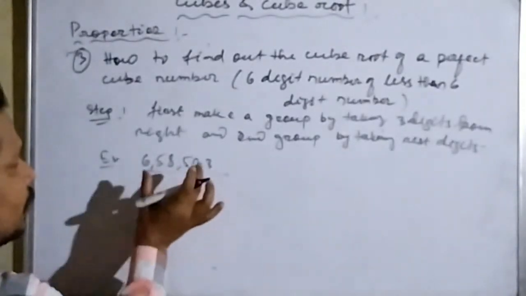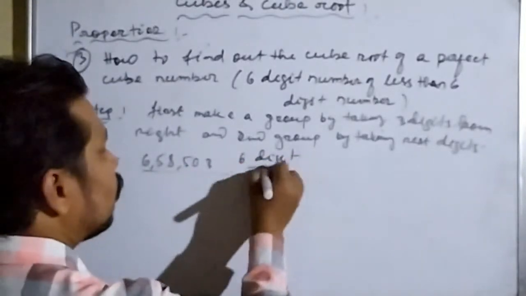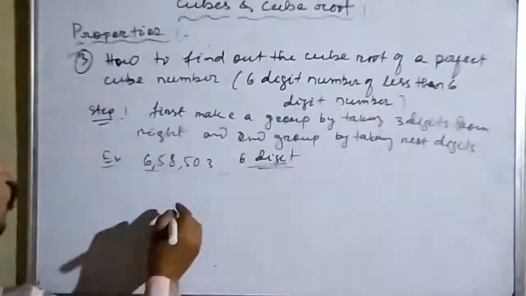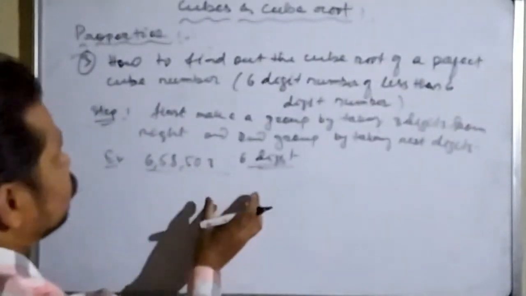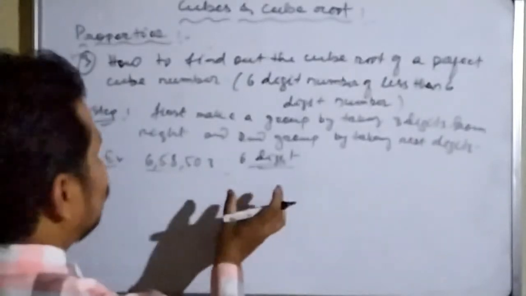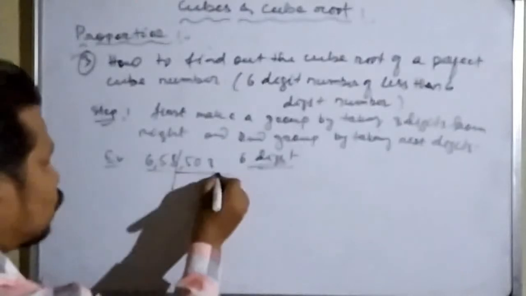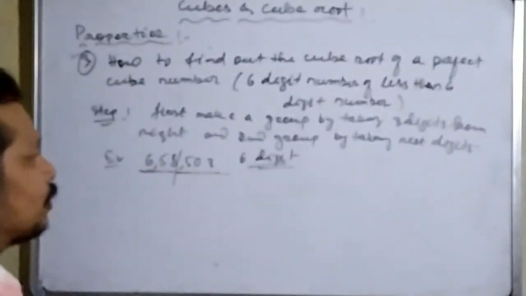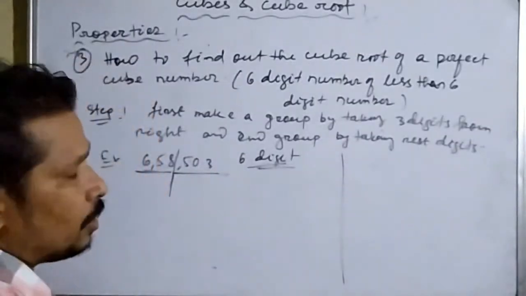There are 6 digits. So first of all, what we have to do is make a group by taking 3 digits from the right. So we have to first divide this number. This is the first group and this is the second group. Now we have to know some things.